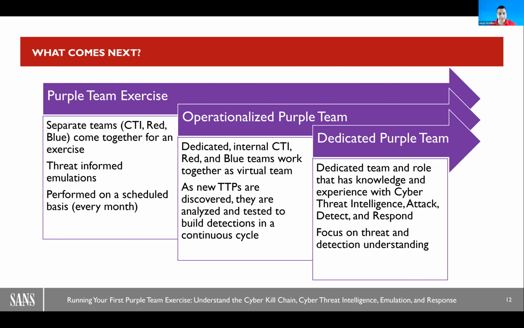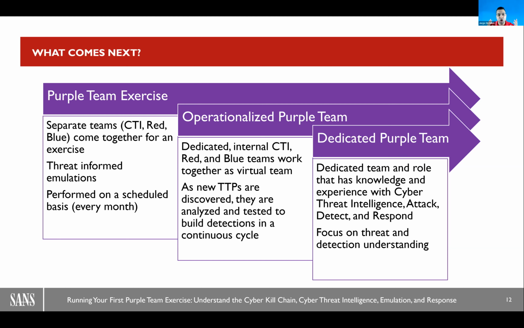And that's all great, right? You keep doing these. Don't stop doing this by implementing other processes. What we're going to cover today is how can we operationalize that. You still have your separate dedicated teams. You have your cyber threat intelligence team, you have your red team, you have your blue team.